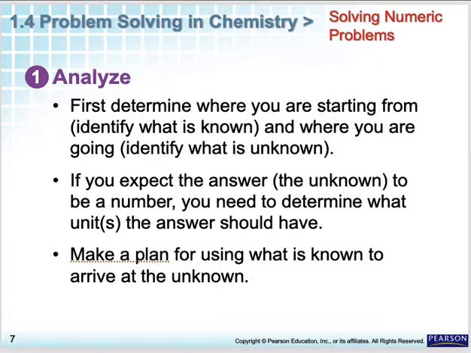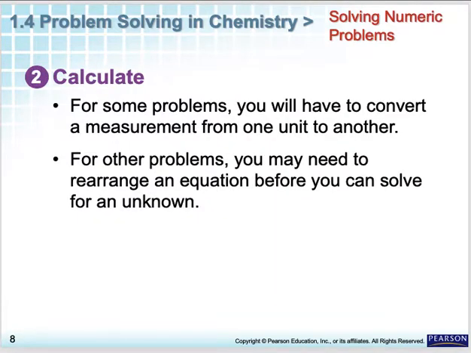And if we know what that number is, we may need a number of conversion factors to get us from what we're given to what we want to find. And then we'll make a plan for using those, and then we'll actually get out the calculator. And so the units are going to be very important when you're doing these kinds of problems. So I want to make sure that you write down not just a number, but a unit as well.